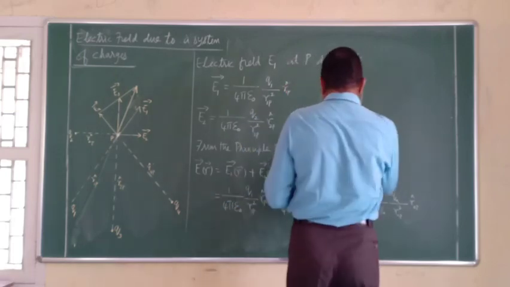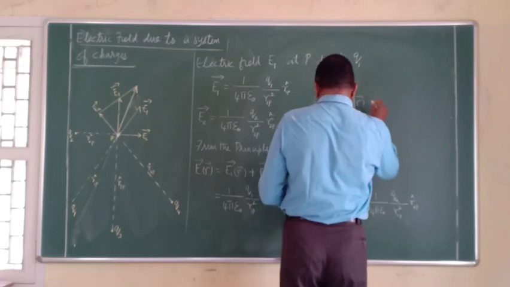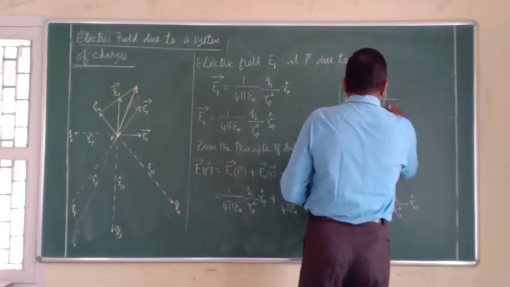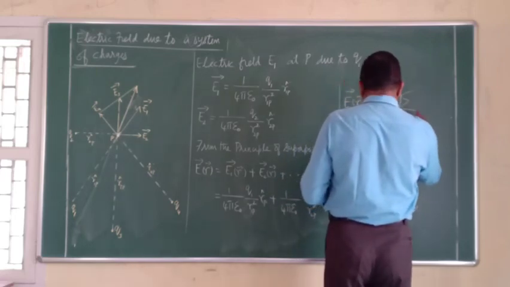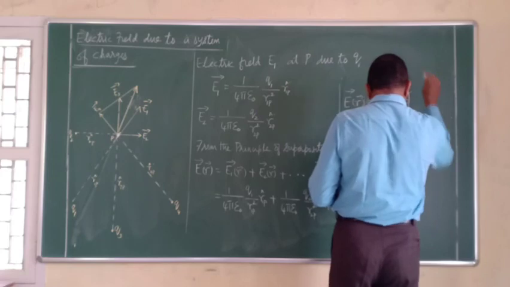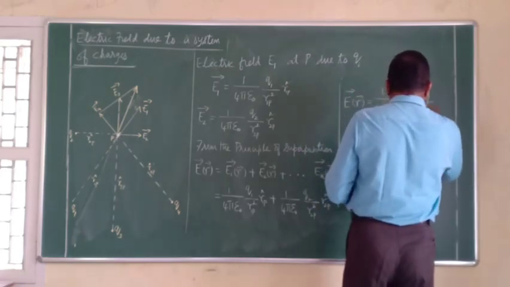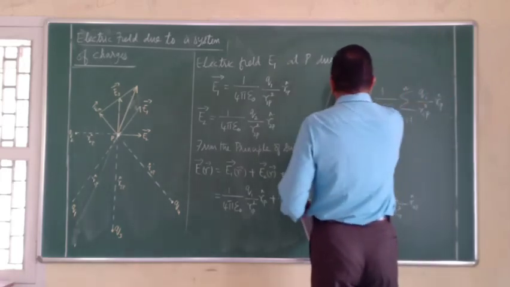I will write E vector R vector is equal to 1 by 4 pi epsilon naught sigma i is equal to 1 to n Qi upon Rip squared into Rip unit vector.